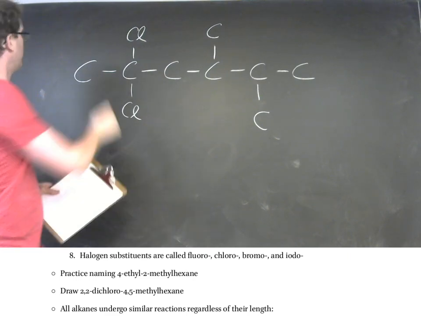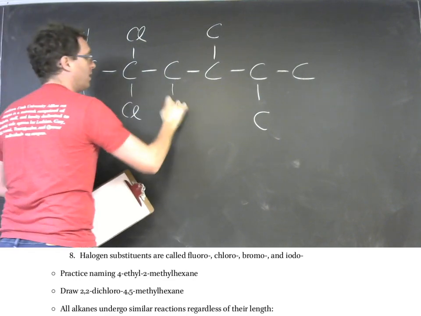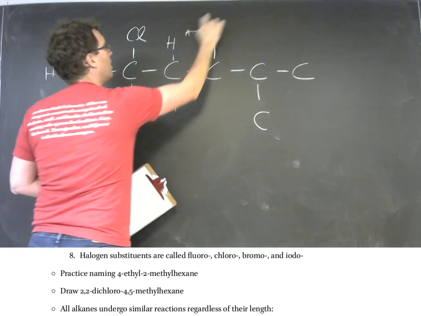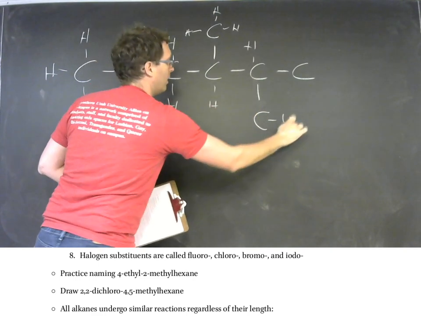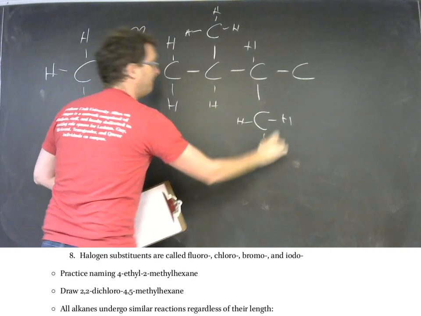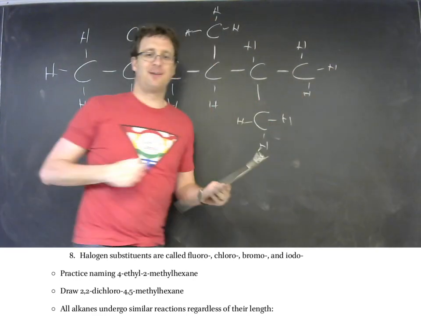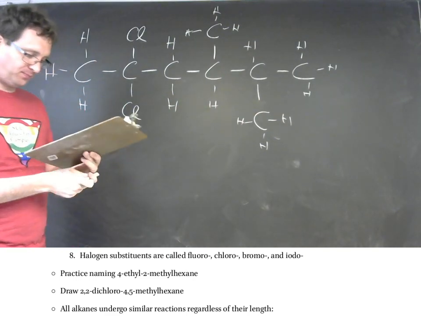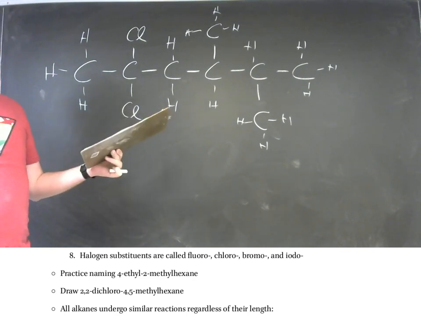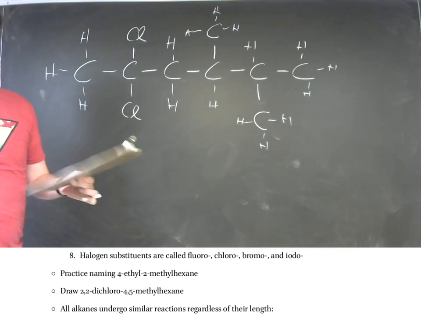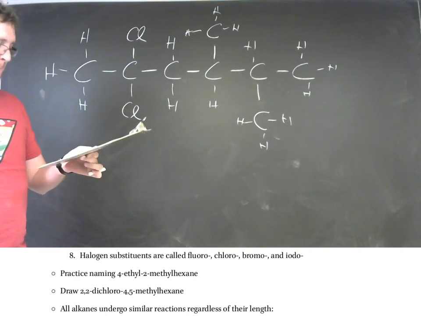So there are my 2 methyl groups, and I'll just fill in my hydrogens now. Okay, so that is the correct structural formula or Lewis structure for 2,2-dichloro-4,5-methylhexane.